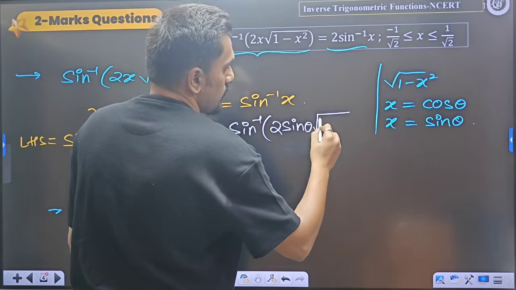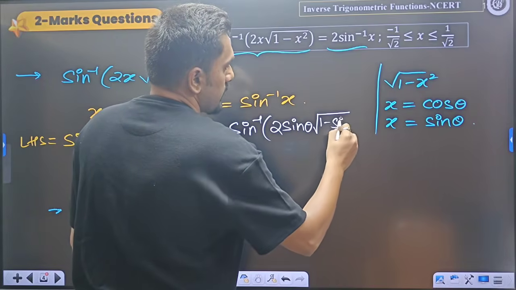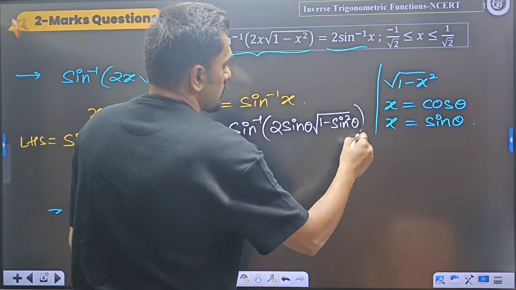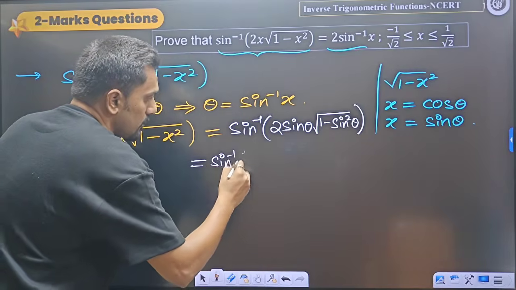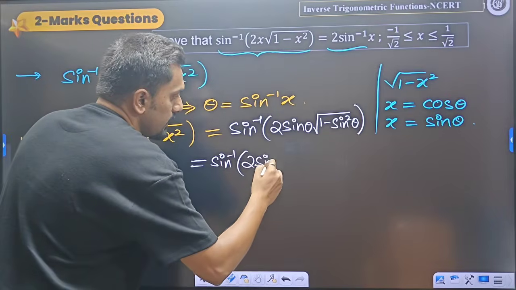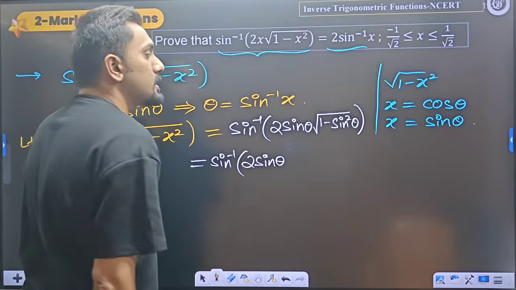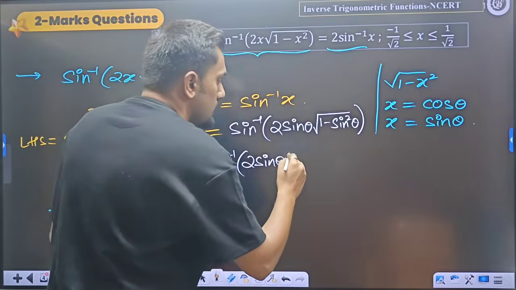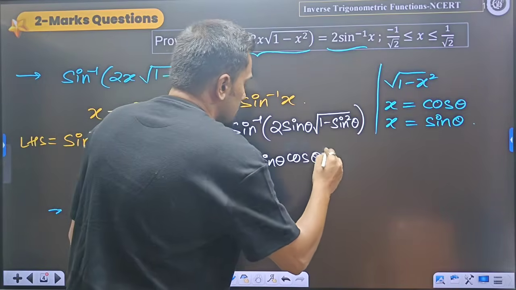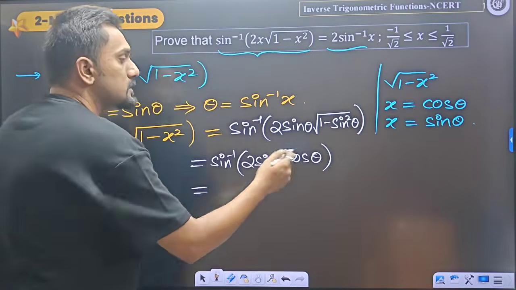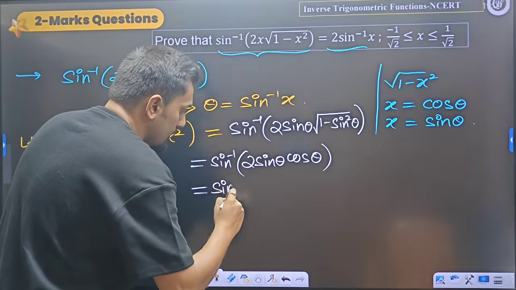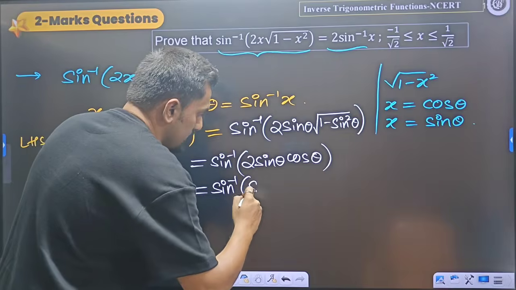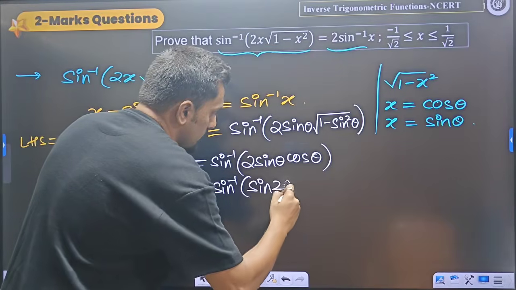Then under the root of 1 minus sin square theta, close. Then sin inverse of 2 sin theta, what is under the root of 1 minus sin square theta? Cos theta. So we know that 2 sin theta cos theta is nothing but sin 2 theta. So sin inverse of this becomes sin 2 theta.